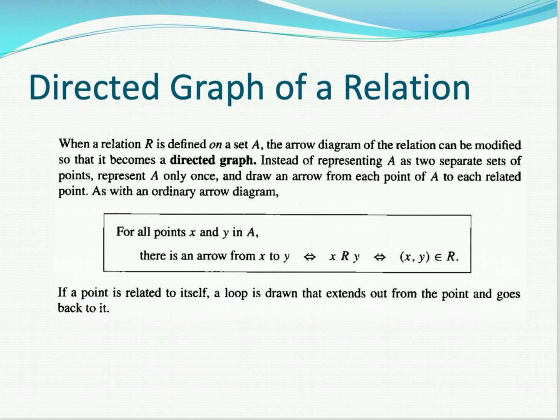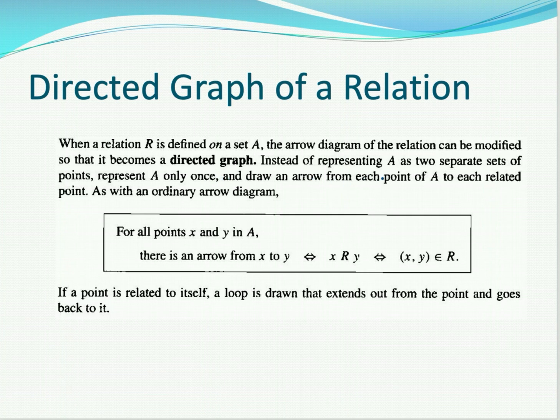we will move into the directed graph of a relation. When a relation R is defined on a set A, the arrow diagram of the relation can be modified so that it becomes a directed graph.